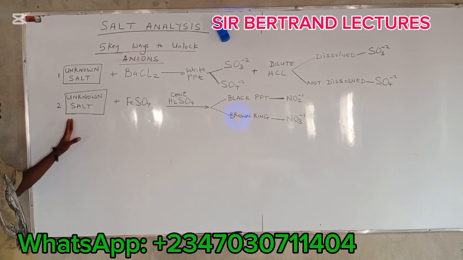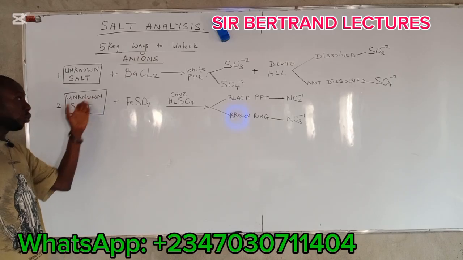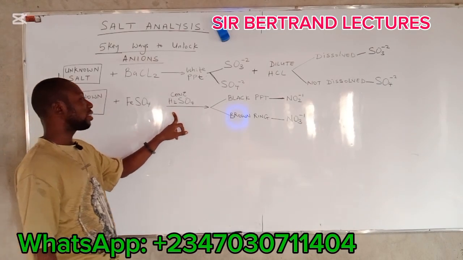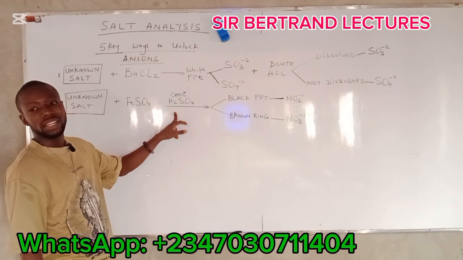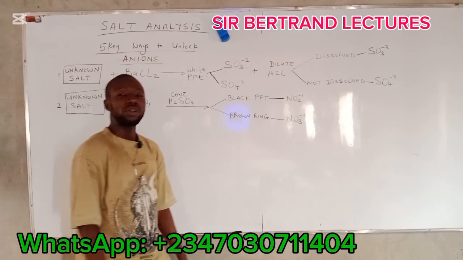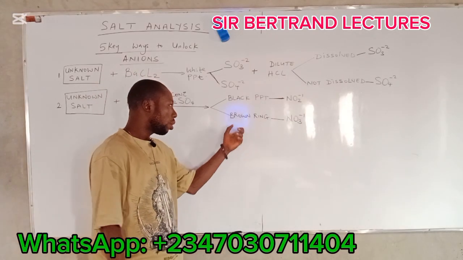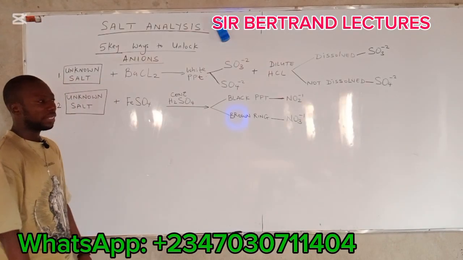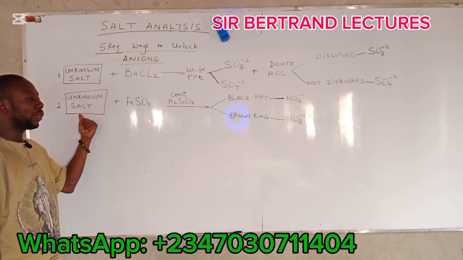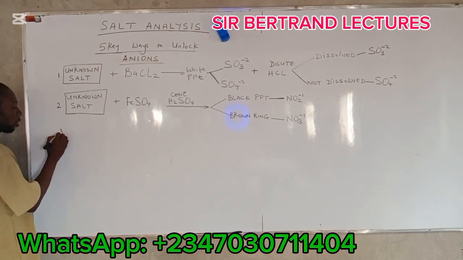So in the second key, if it gives black precipitate, the anion present in that salt sample is nitrite ion. Then if it gives brown ring, the anion present in the unknown source sample is nitrate ion.